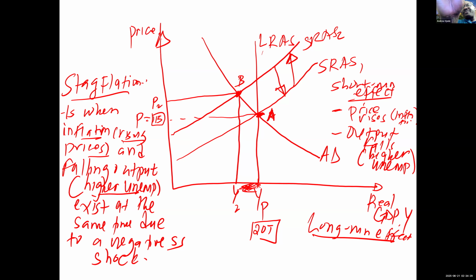So the short-run supply curve is going to shift back to where it was, and we're going to come back to point A. So the long run effect of a negative supply shock is that there's no change in price and no change in output, no change in Y, because we end up coming back to where we started at point A. Before the supply shock hit the economy, we were at point A. That's why we're back at that point. So there's no change in price and no change in output.